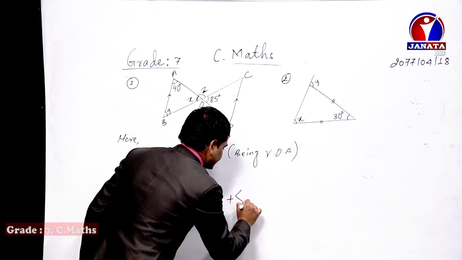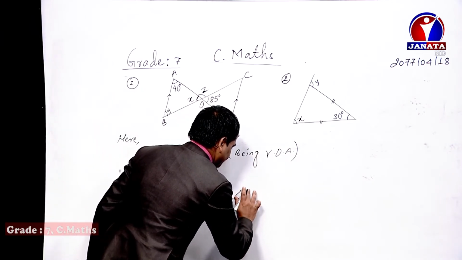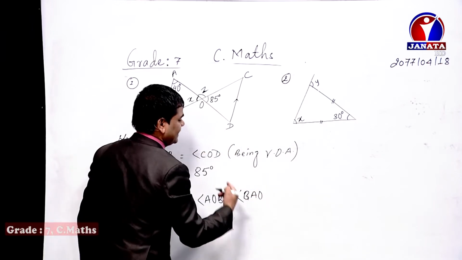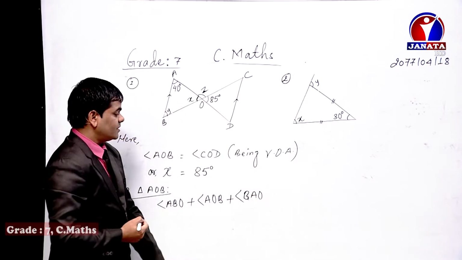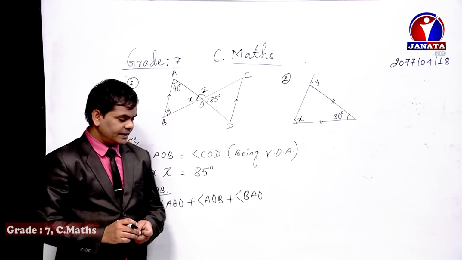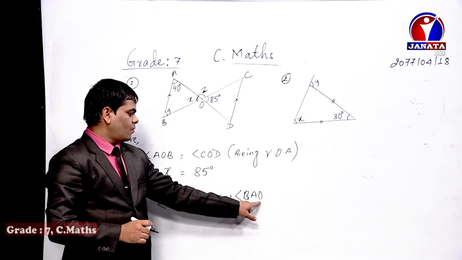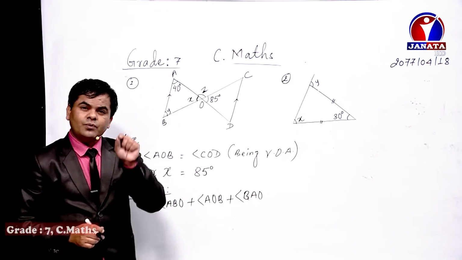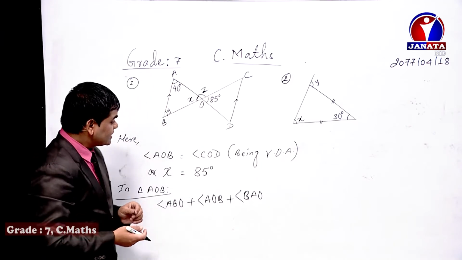So let's write here BAO. But you can write OAB as well to denote the same angle. It doesn't mean that it will be wrong. But at any cost, the angle which we are going to denote should be in the middle.